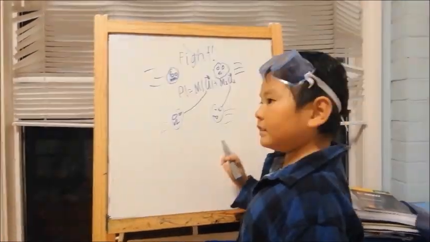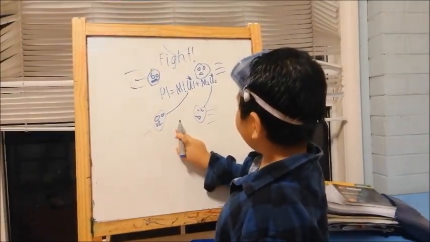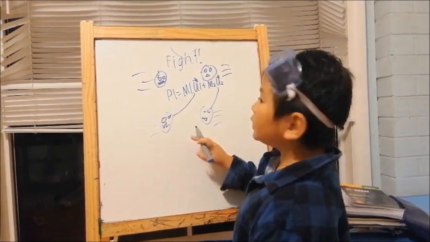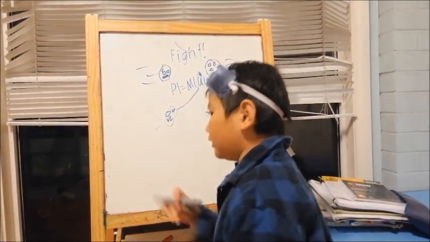This is the physical formula for the two balls not colliding yet but moving towards each other.